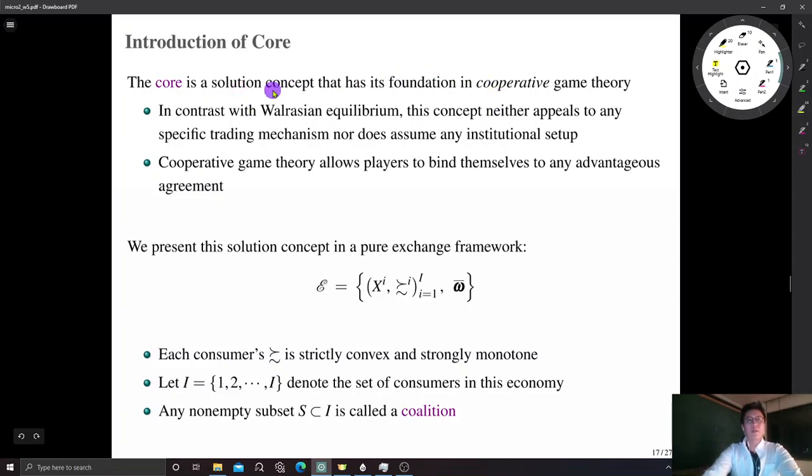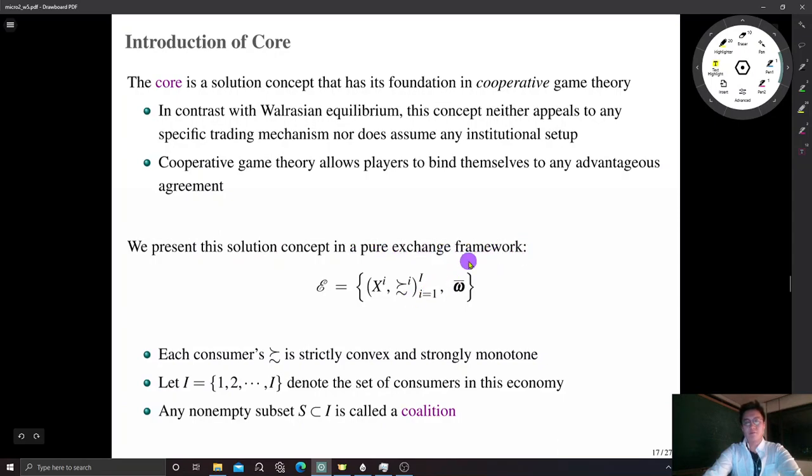Okay. So the core is a solution concept that has its foundation in cooperative game theory. And before introducing this core and cooperative game theory and the distinction between cooperative and non-cooperative theory, let me first illustrate the framework. So for simple exposition, I'm going to narrow down the scope of the model to a pure exchange framework.